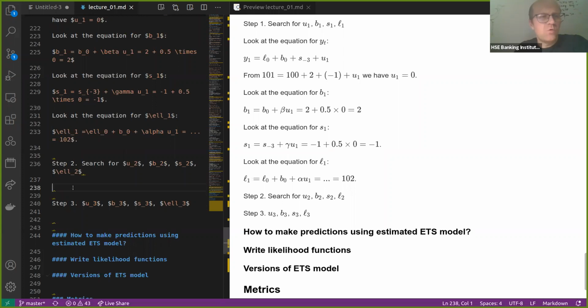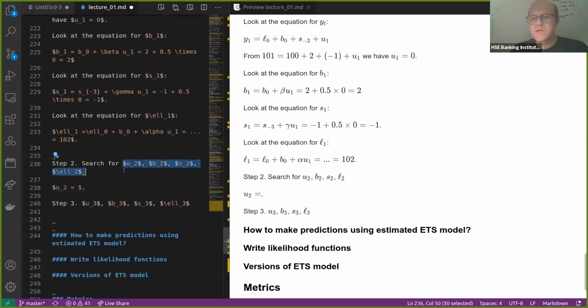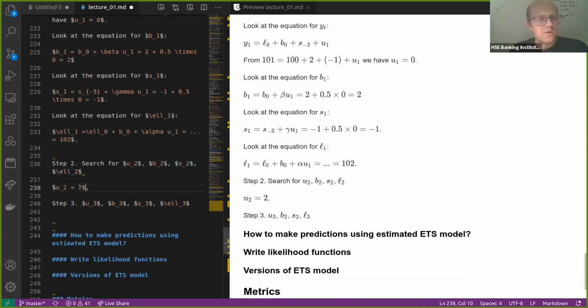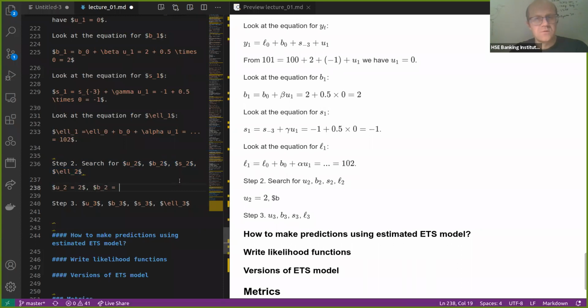But maybe just who can answer what is the value of U2? Let's just check what is the value of U2. Who can tell me the values? U2 is 2. What is the value of B2? B2 is 3.